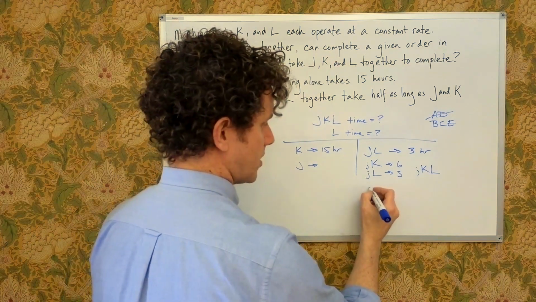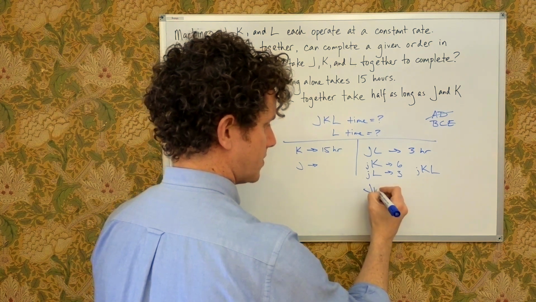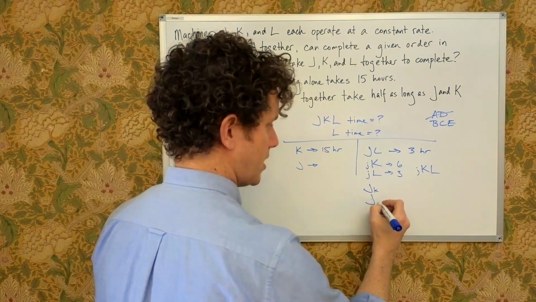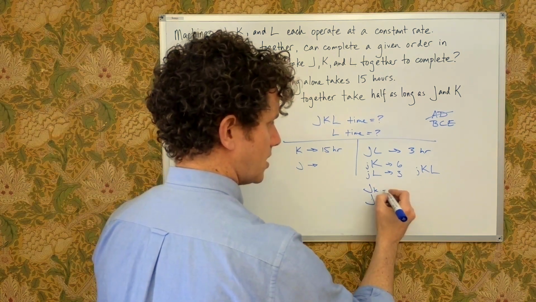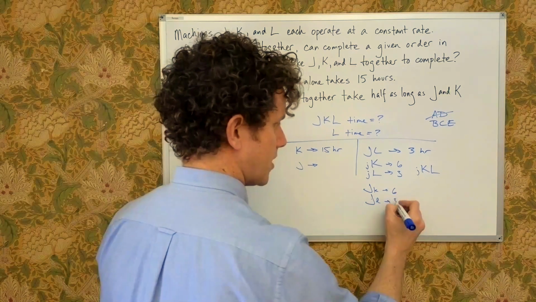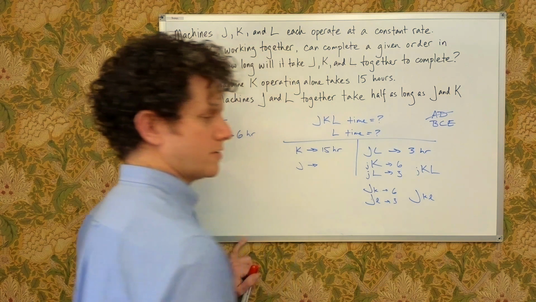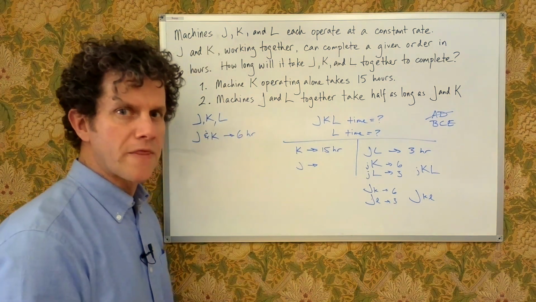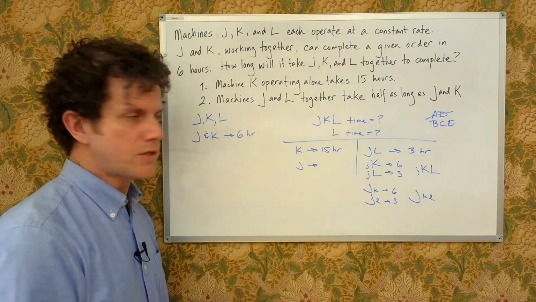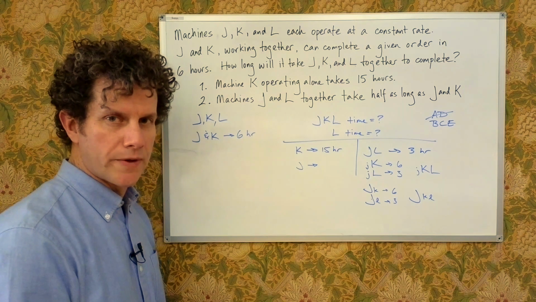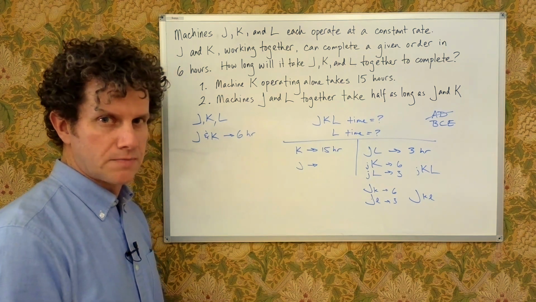Alternatively, it's possible that we have a big powerful J and a feeble little K, a big powerful J and a feeble little L, and then when we put them together, we're going to have just one big powerful machine, and there's no way those are the same thing. We're going to get 2 different results. That's also going to be insufficient.